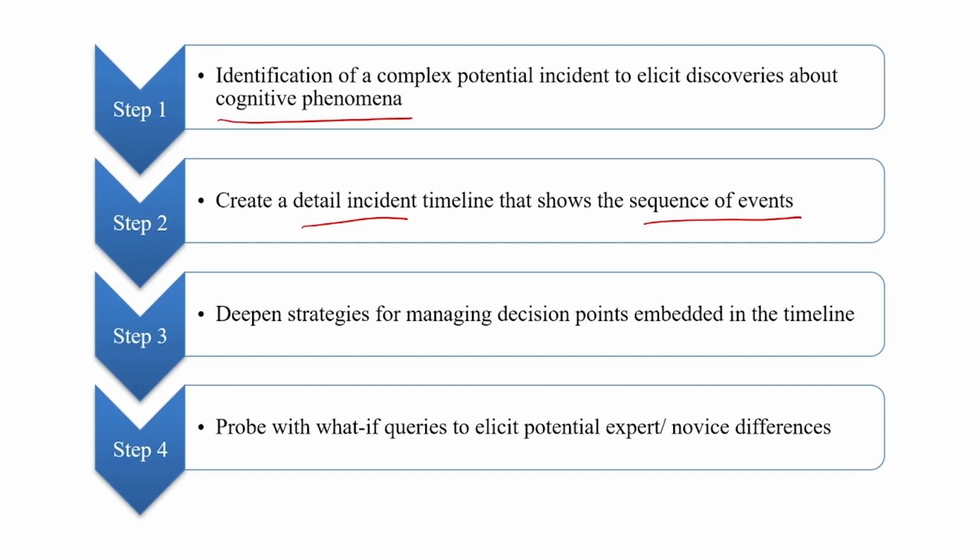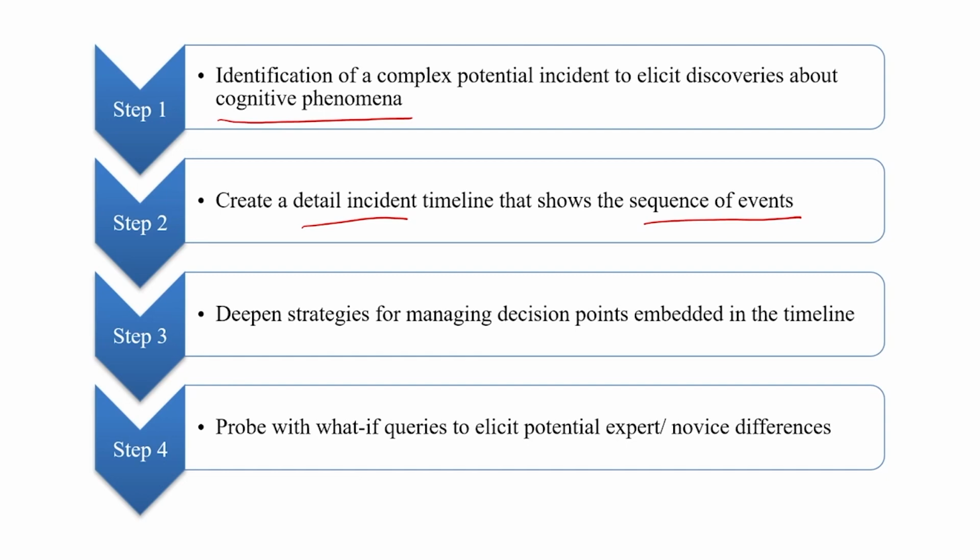Once we know what type of people were involved in that particular situation and how these things happened, we come to know the difference between the experts' opinion and the newcomers'. Then we will understand where the training is required, where the design interventions are required.